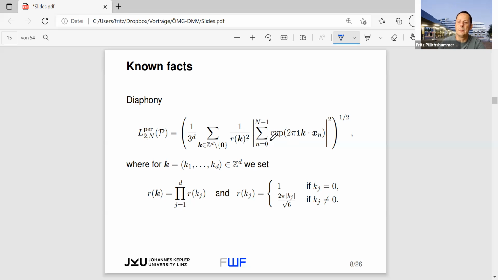These exponential sums involving the elements from the point set are the Weyl sums that appear in Weyl's criterion for uniform distribution modulo 1. We square them and sum them up with some weight 1 over r(k) squared. And this is the diaphony, the square root then of the whole. And this is exactly also the L2 periodic discrepancy. So we can express L2 periodic discrepancy by means of exponential sums.